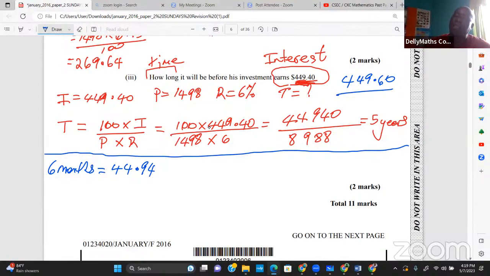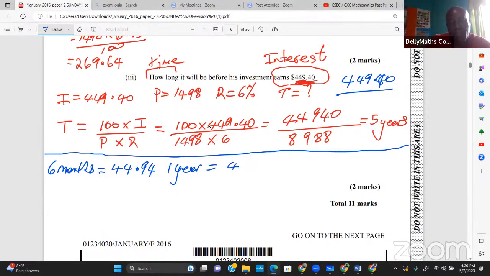Then I could convert the 6 months back to years. If I do that, I'll get 10 six-month periods, and that's 5 years.